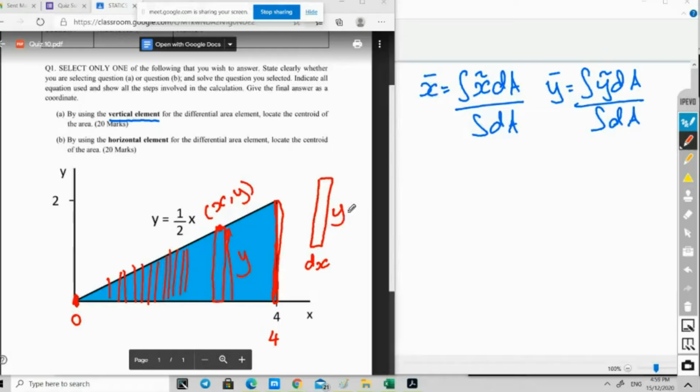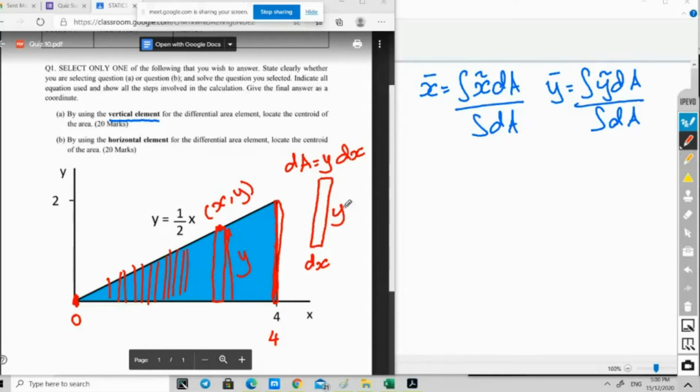So you'll get dA equal to y dx. Why does this become y? Because of exactly this. If your height is not y, then you should not write y here. You should write whatever it is that is the height.